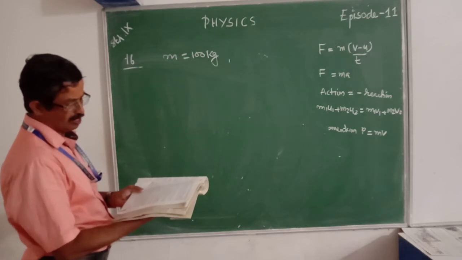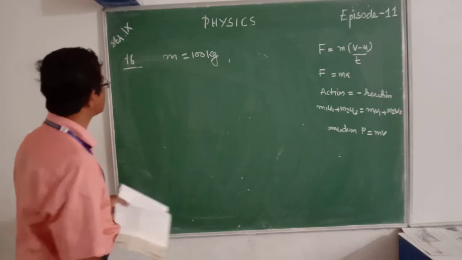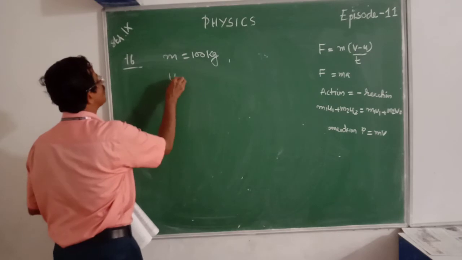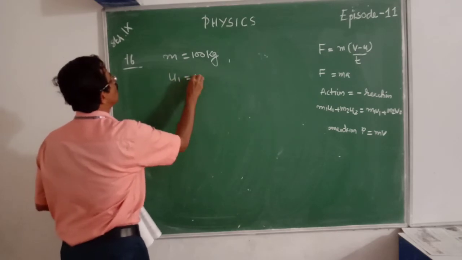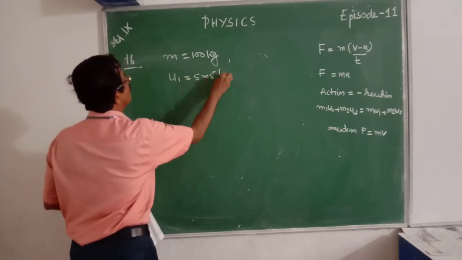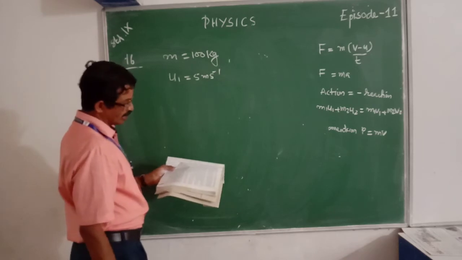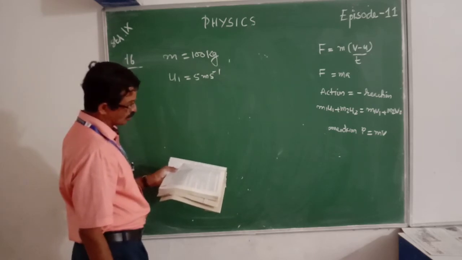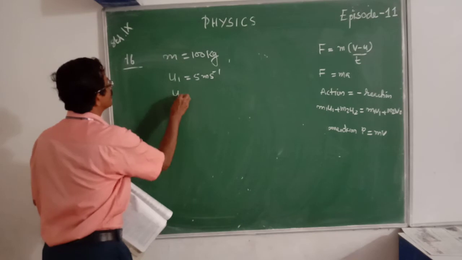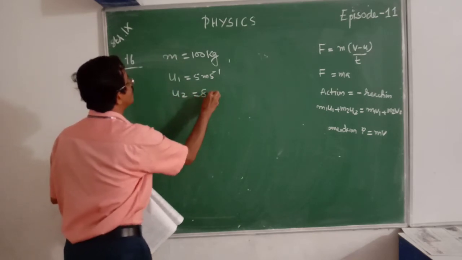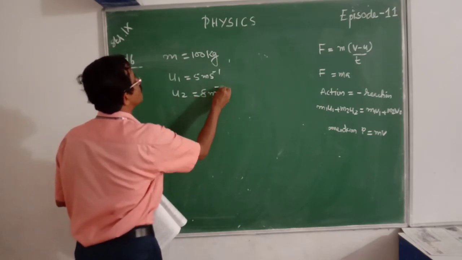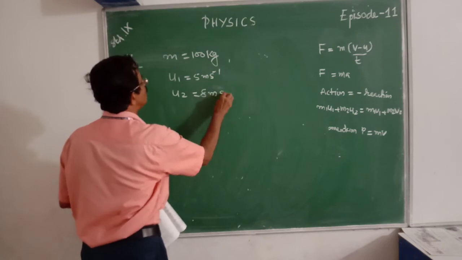Accelerated uniformly from a velocity of 5 meter per second. That means the first velocity u1 is equal to 5 meter per second, and the velocity changes to 8 meter per second. Let u2 be equal to 8 meter per second.